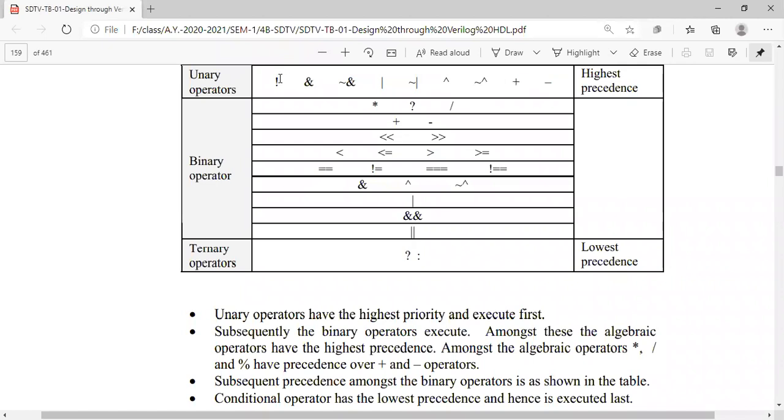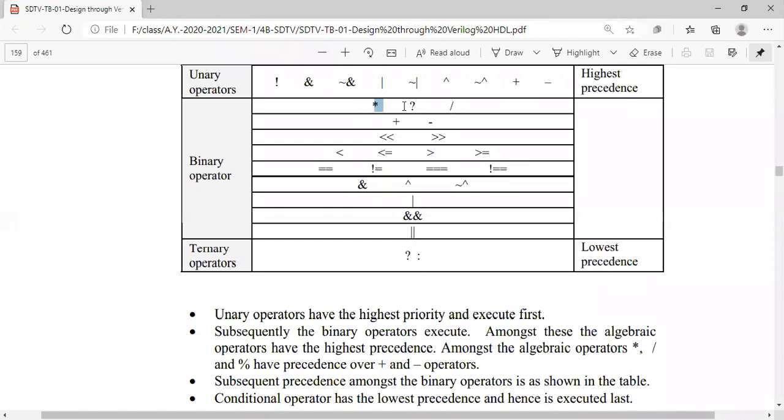Okay, this is not, reduction and, reduction or, nor, XOR, XNOR, and plus and minus. Unary operators, you already had this when you discussed these unary operators, right?